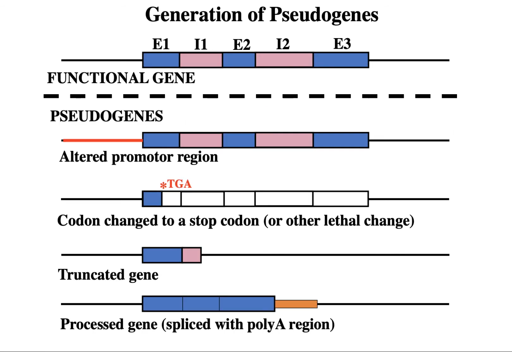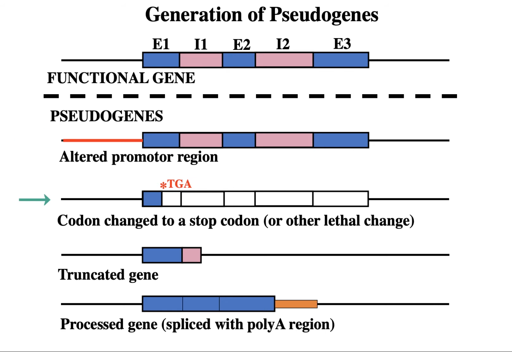When the globin genes were first discovered, they found that there were pseudogenes involved. There are different types of pseudogenes, both expressed and non-expressed pseudogenes. The first type, if you look at the functional gene, is where the promoter region has changed. So the gene essentially is intact, although the promoter is faulty.